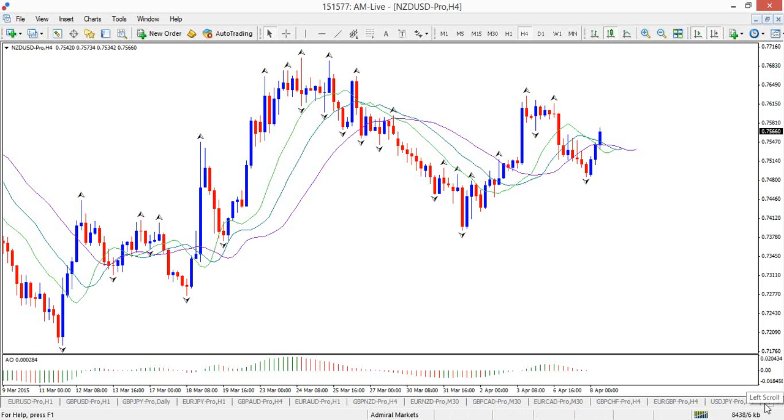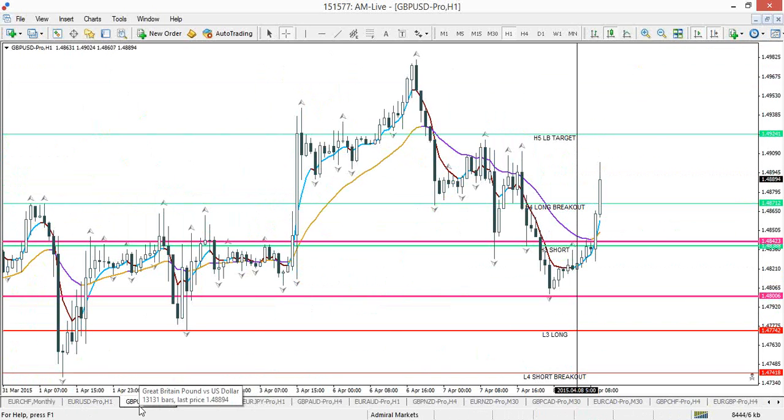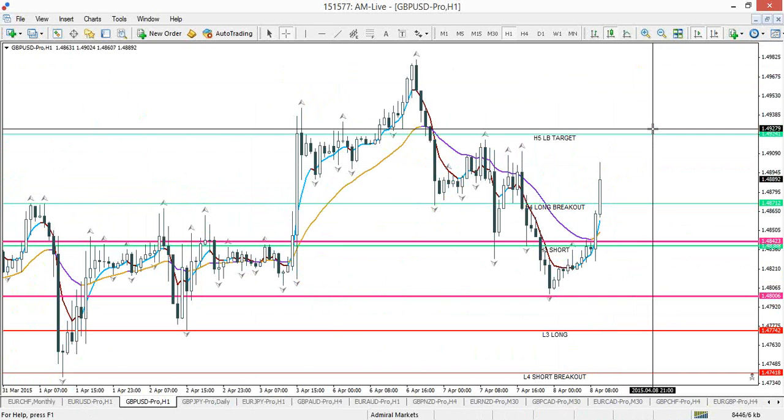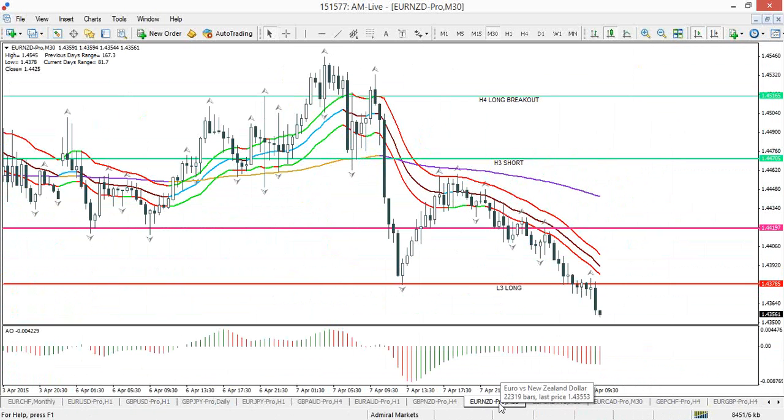So I think, from my perspective, it's Aussie, Euro, Pound upside against the dollar at the moment, and it's Euro, New Zealand downside. How about the Euro Aussie? Let me take a look.